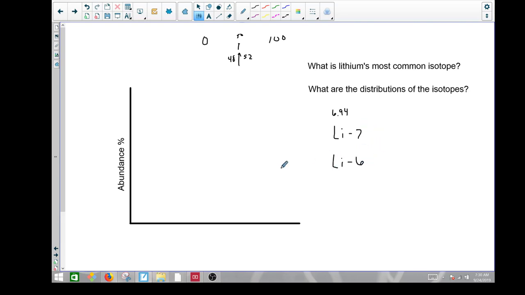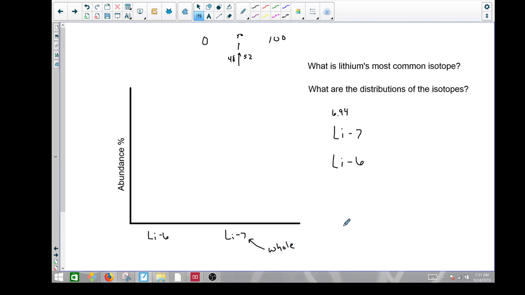All right, so at that point, if you were to make your own chart here, we could go lithium-6 and lithium-7. What do these numbers mean? They're the mass numbers. I'm not using the average here because I can't have a mass number that isn't whole. The mass number has to be a whole number. That's kind of important.